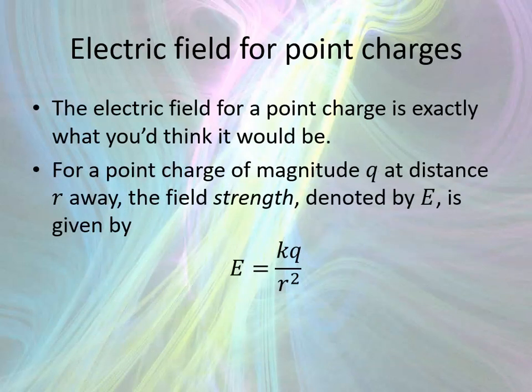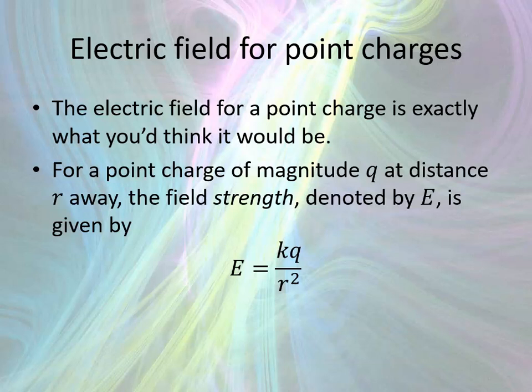So, for point charges, the electric field strength: Coulomb's law for a point charge is kq1q2 over r squared. Let's pretend that it's kqq1 over r squared, and the force per unit charge, if our test charge is q1, well, force per q1, just divide out the q1, you're left with just kq over r squared.